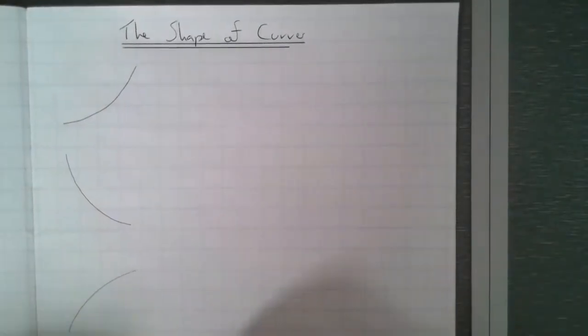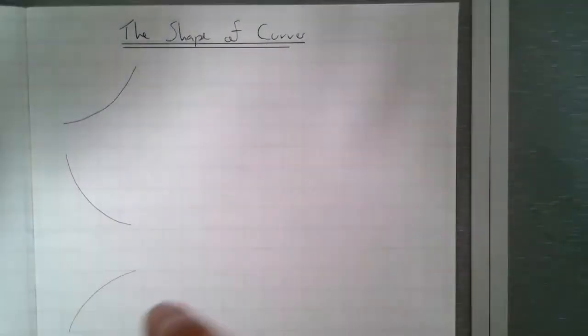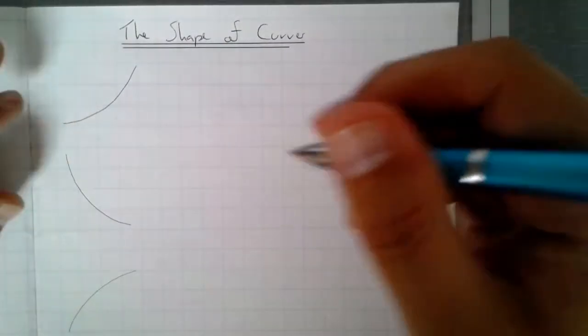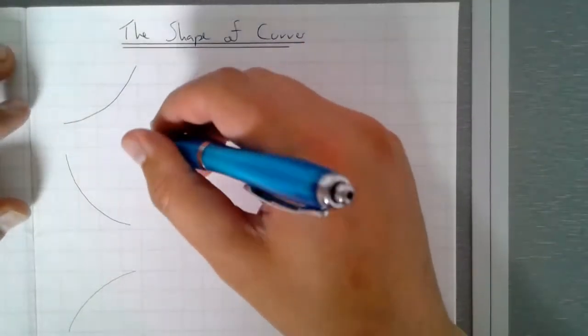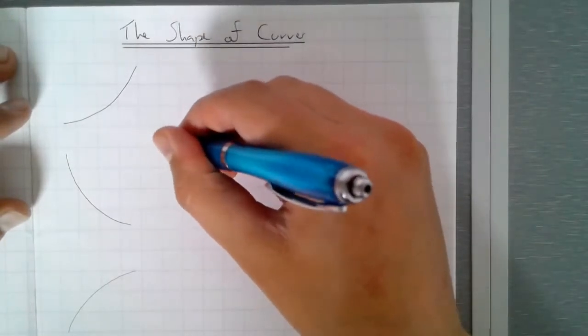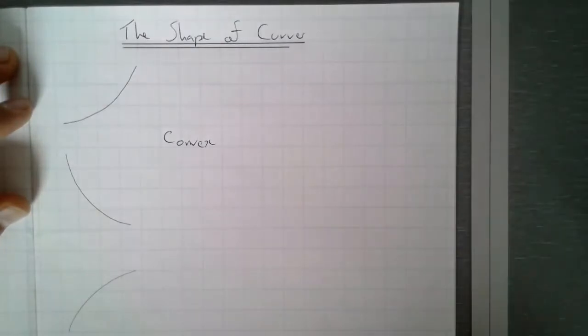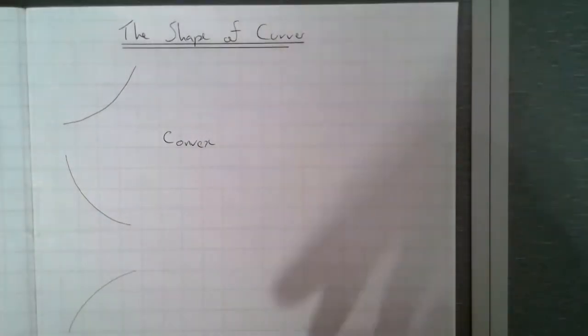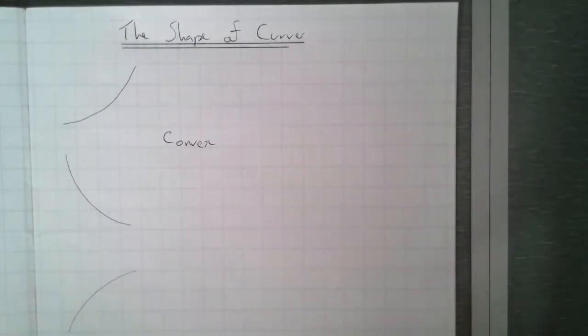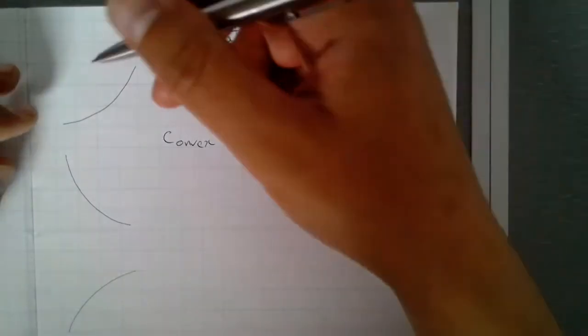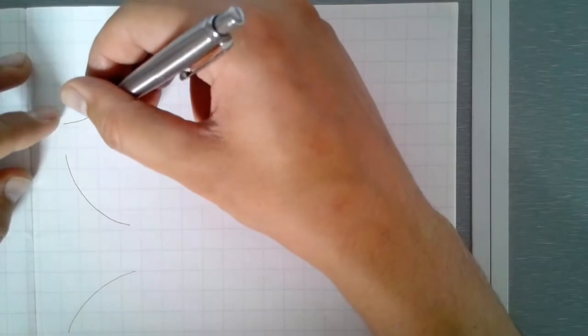The first two up here we call convex. The easiest way to find out whether something is convex or the other thing, which we'll talk about in a sec, is by drawing a chord.